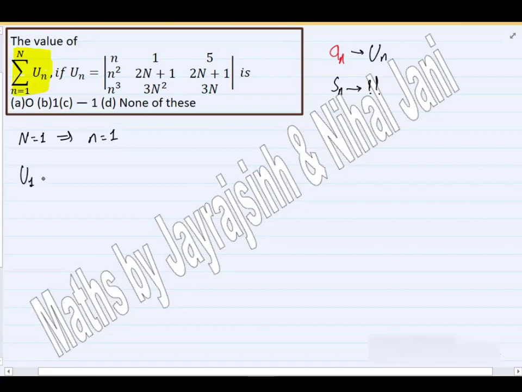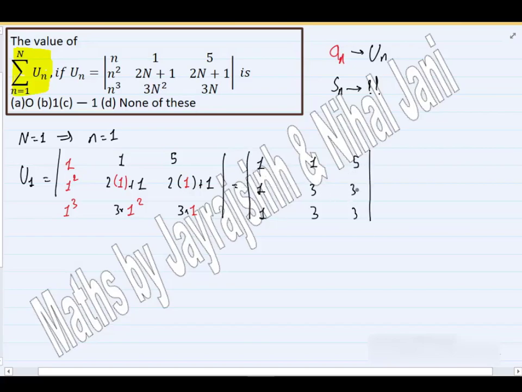So u of 1 will be 1, 1, 5, 1 square, 2 into 1 plus 1, same thing, 2 into 1 plus 1, and 1 cube, 3 into 1 square, and 3 into 1, right? So here we get a simple determinant of 1, 1, 5, 1, 3, 3, and again 1, 3, 3.